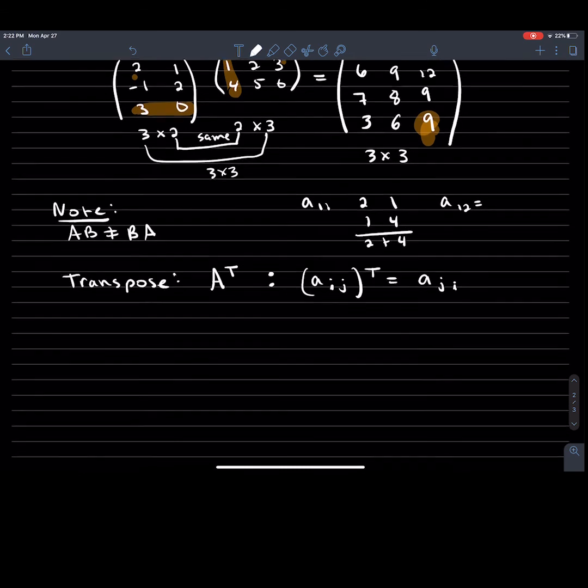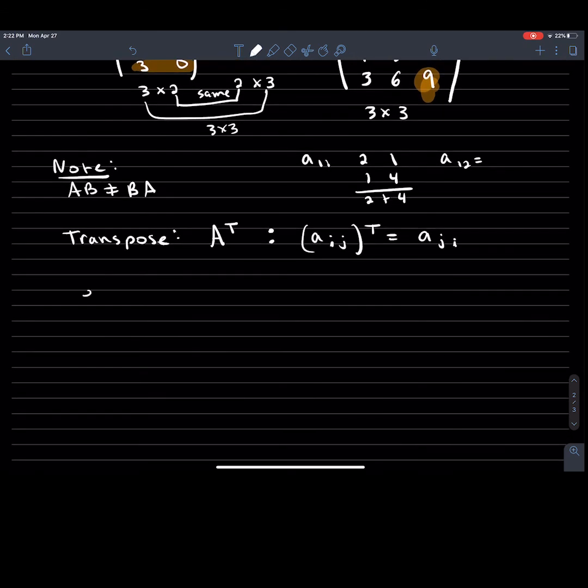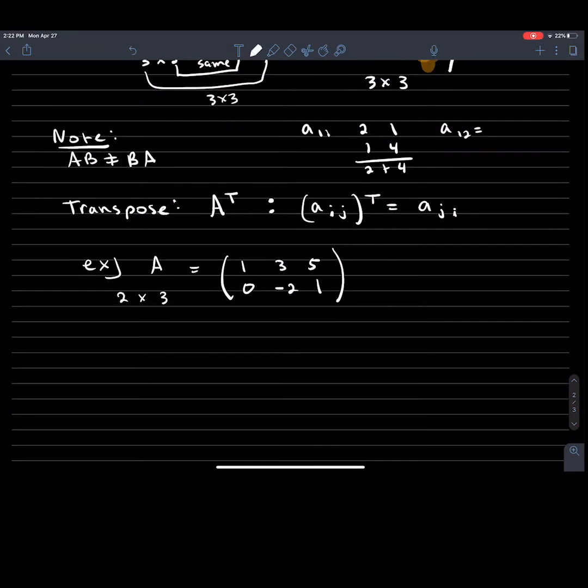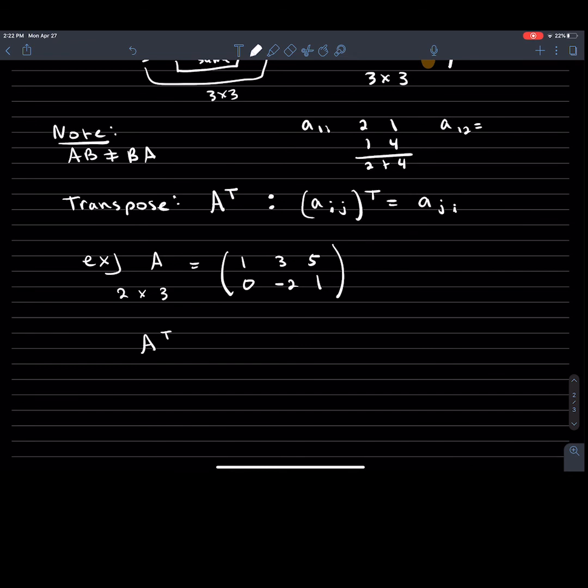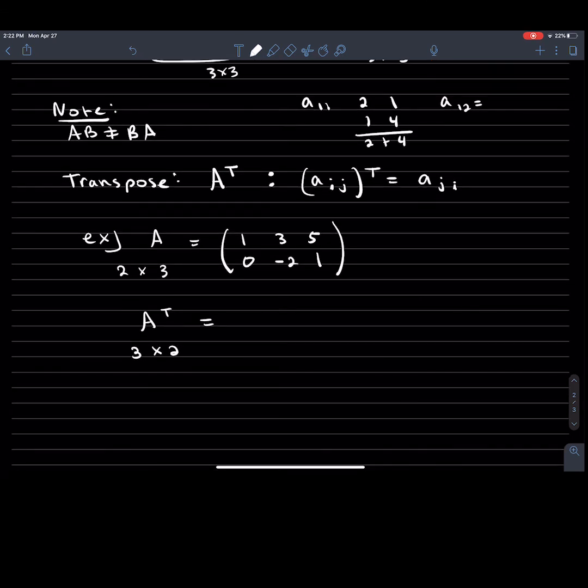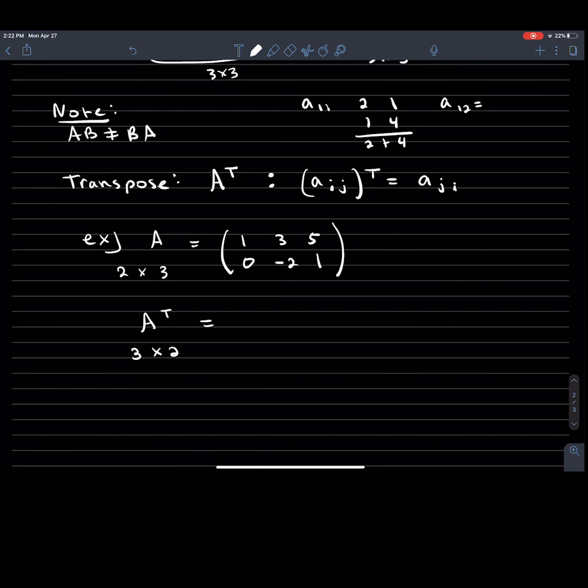Let me show you an example. It flips everything. If A is 1, 3, 5, 0, minus 2, 1, then A transpose is going to be a 3 by 2. All we do is this row becomes this column.